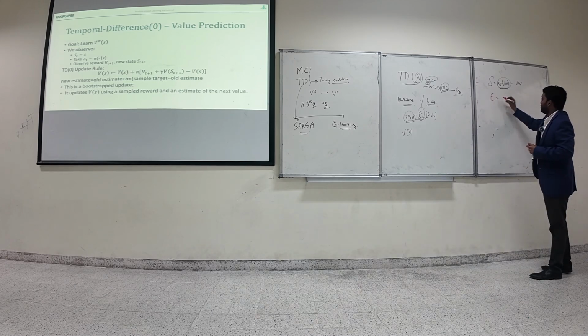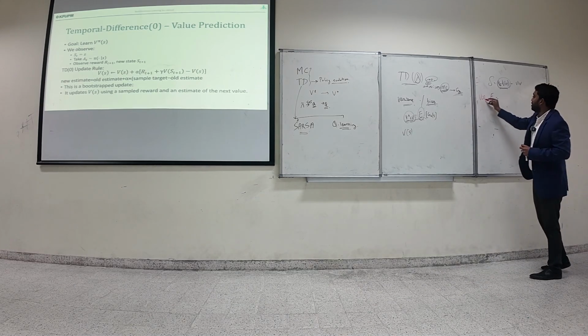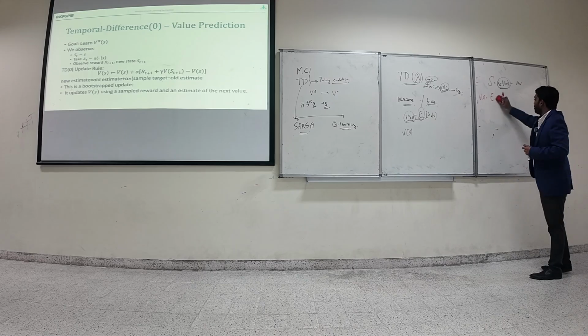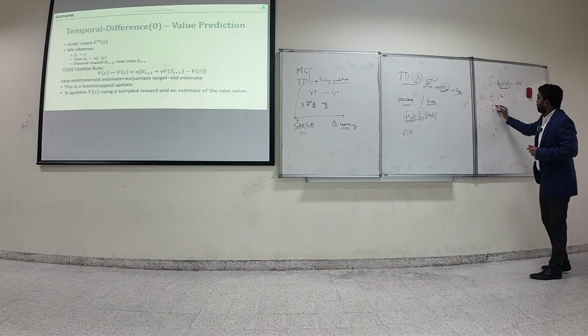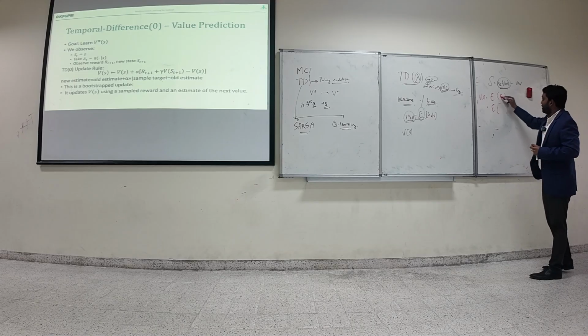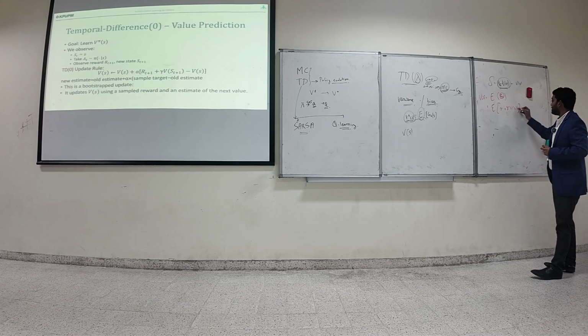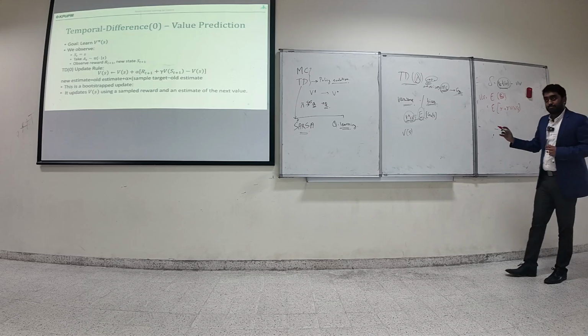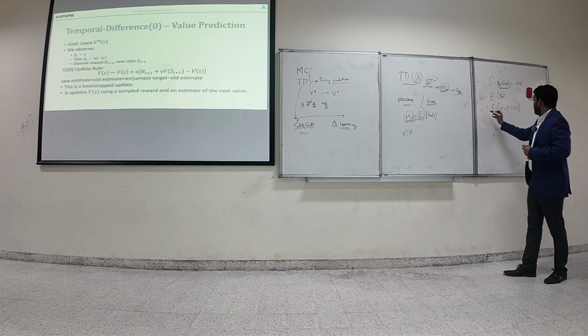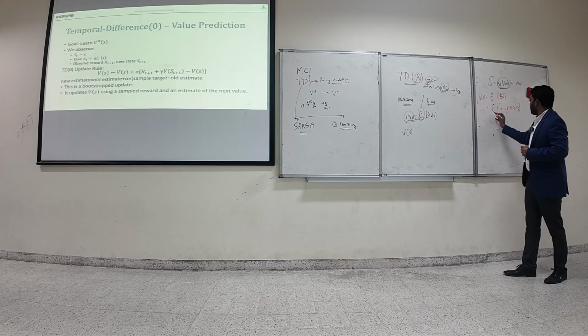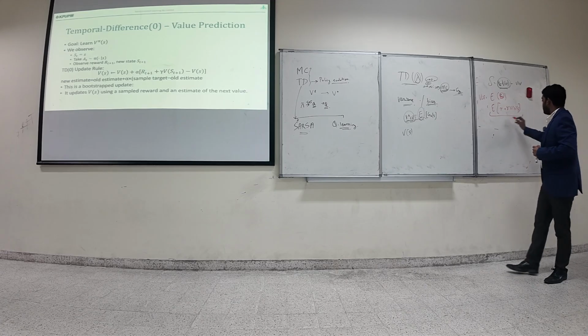We have the value function as the expectation of the returns. Here, your expected return can be written as the current reward plus the future expected value function of that state. See, this is an estimate.